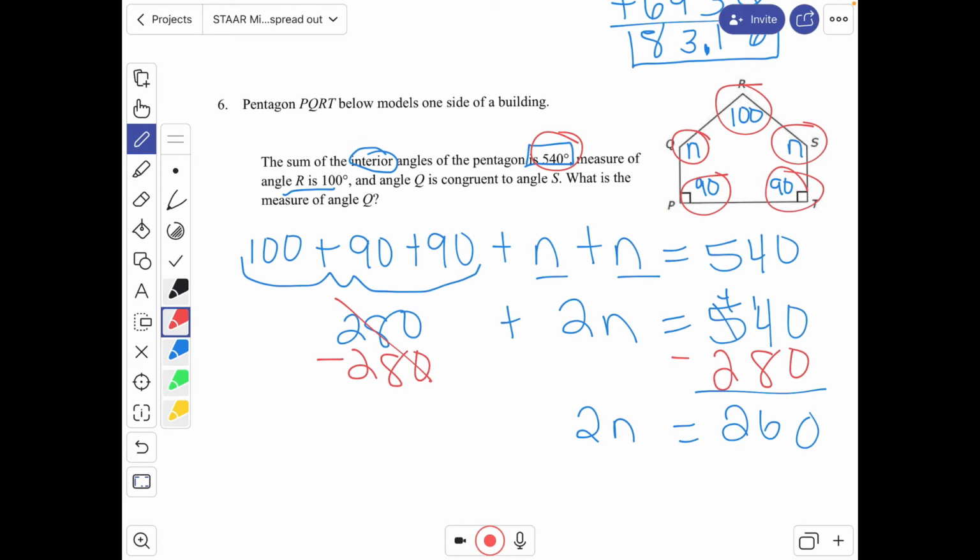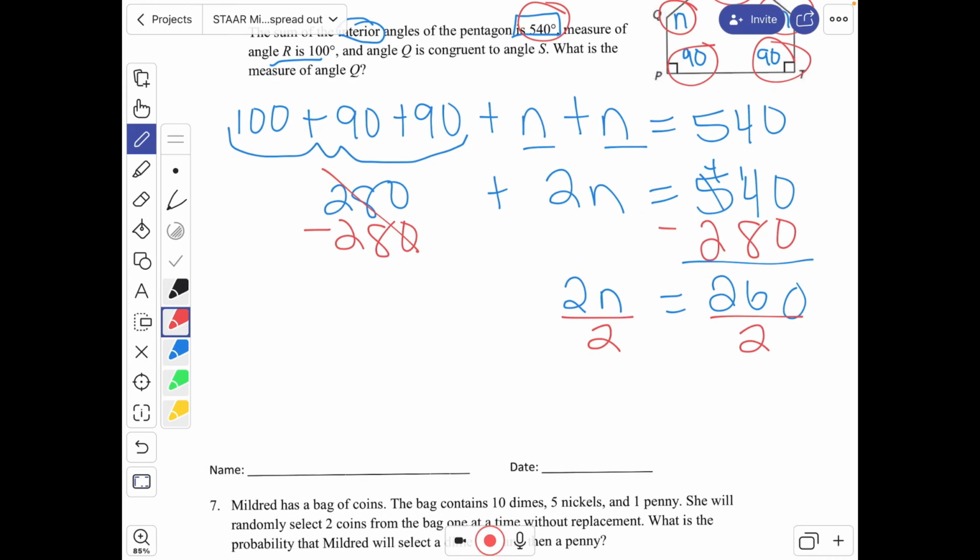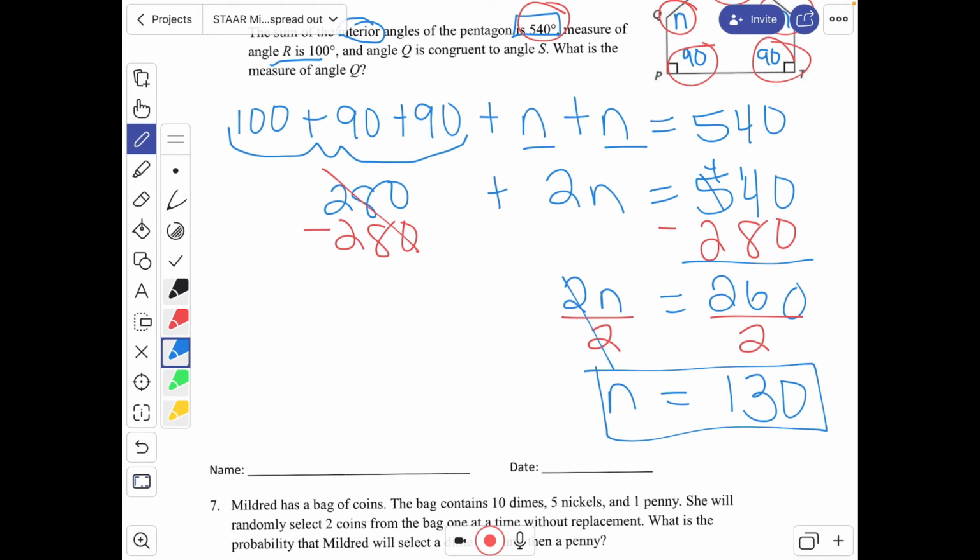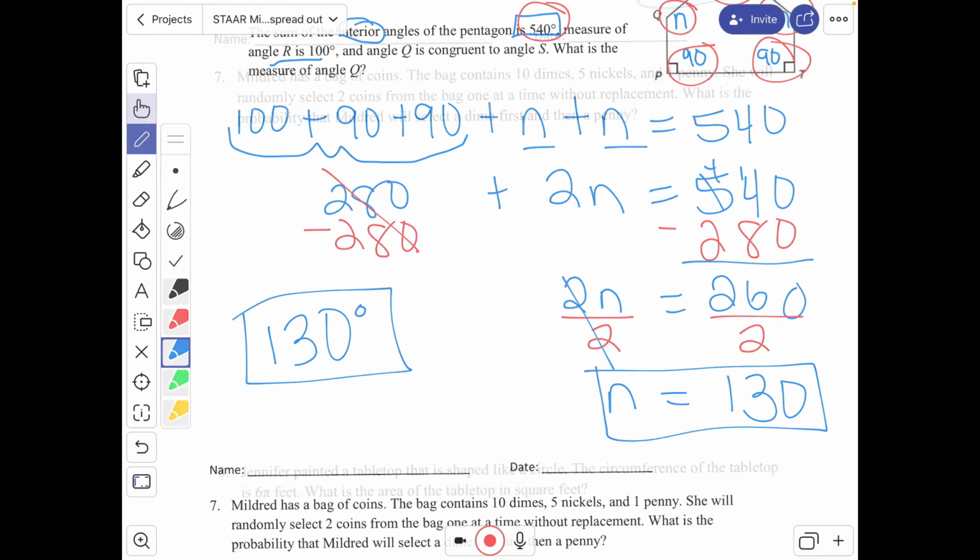So the opposite of multiplying by 2 is dividing by 2. So I divide both sides by 2. Those cancel. N is by himself now. And 260 divided by 2 makes 130. So angle Q is 130 degrees.